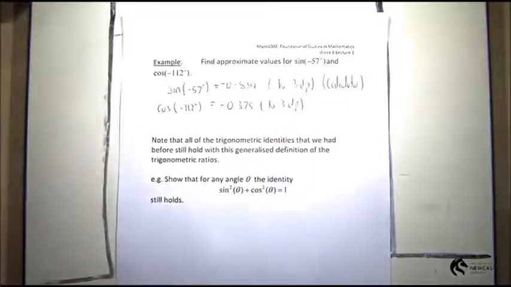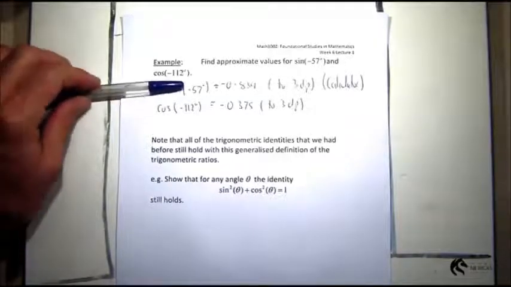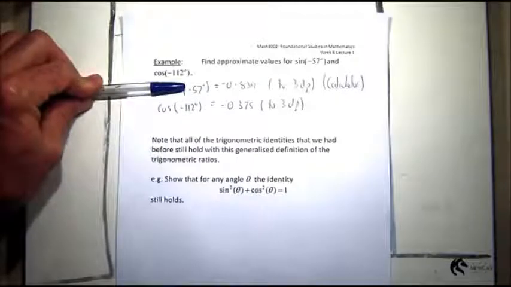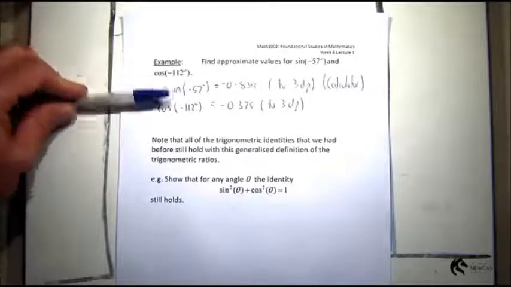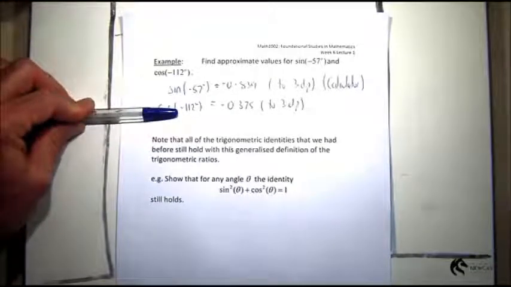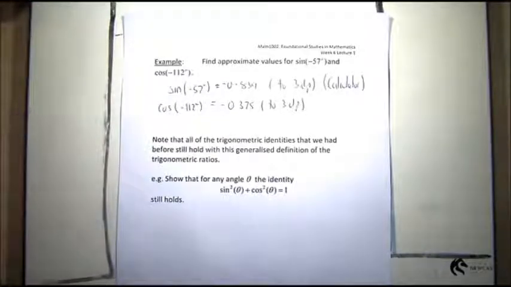And that's all you have to do. If you were thinking geometrically, minus 57 degrees is a fourth quadrant angle. Minus 112 would take you back into the third quadrant. So you've got a negative x value sitting there. That makes sense.